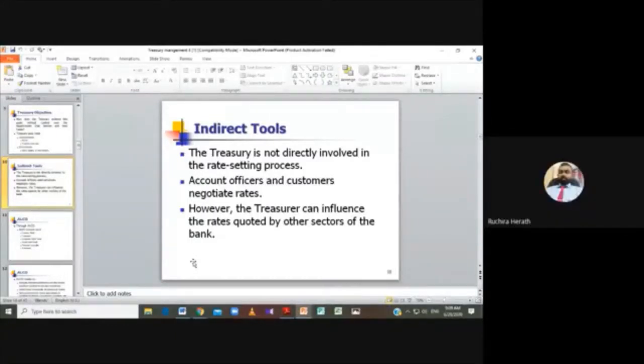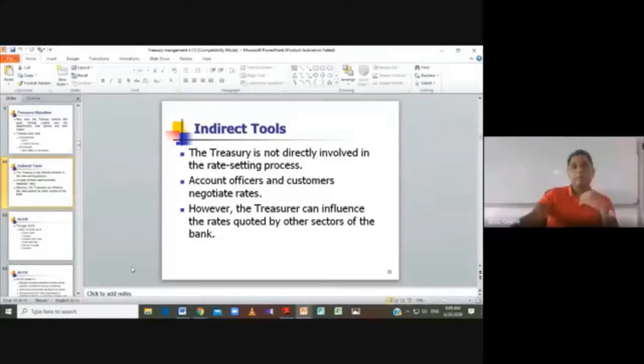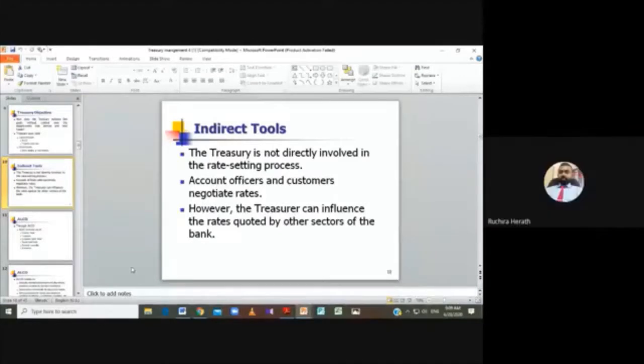Okay. However, whatever special rates are made by the treasury, that needs to be documented. Definitely. In some organizations, you don't need to document anything as long as you're within the transfer price; it's up to the branch to see whether they want to give a better rate.